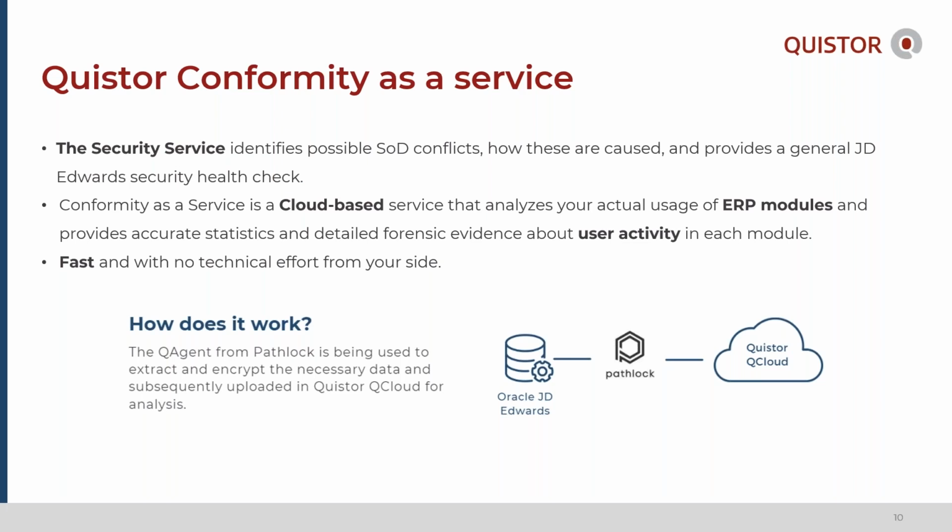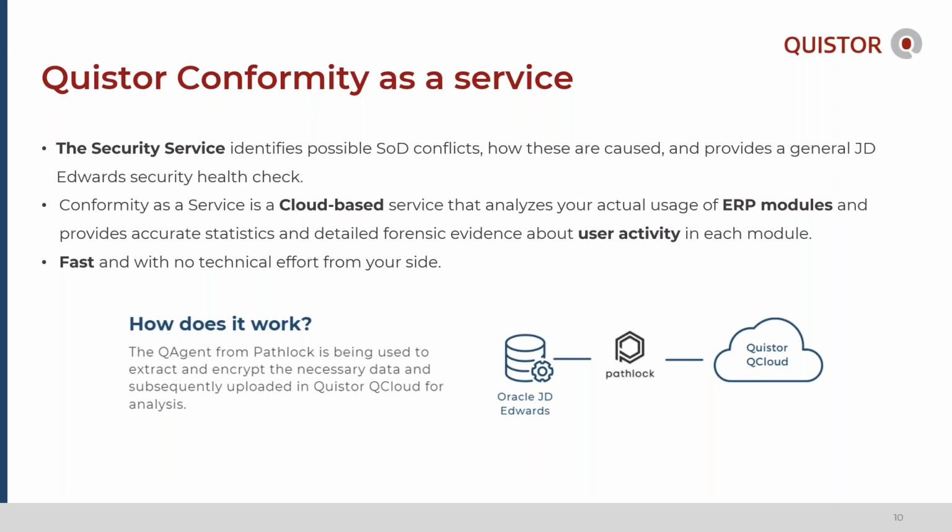And from there, when we are in the Quistor cloud, we start analyzing and we check on your system which users are active, which users have transactions in what modules, in what programs, in what databases, etc. And with this, we create all kinds of statistics.